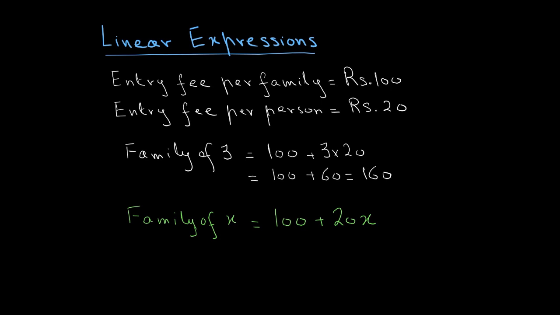So that's the cost. And please note that the power of X here is 1, so I'm going to write it 1. This is called a linear expression, linear in X in particular. It's linear because the power of X is just equal to 1.